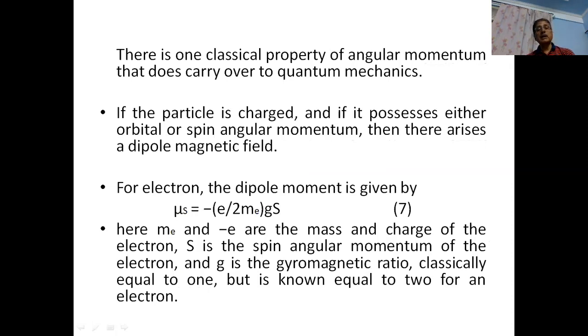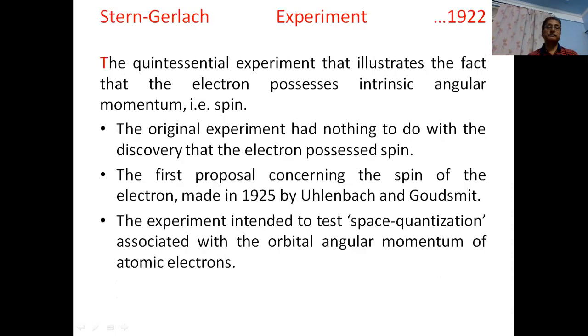If the particle is charged and possesses either orbital or spin angular momentum, then a dipole magnetic moment arises. For the electron, the dipole moment is given by mu_s equals e upon 2m_e times g into S. Here m_e and e are the mass and charge of the electron, S is the spin angular momentum of the electron, and g is the gyromagnetic ratio. Classically this is equal to 1, but it is known to be equal to 2 for an electron.